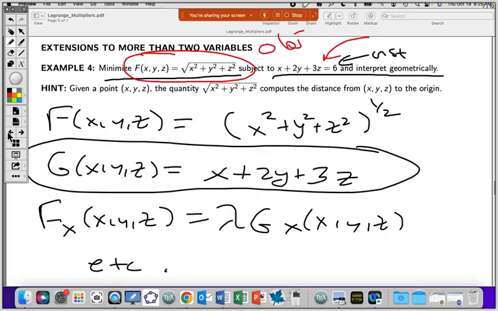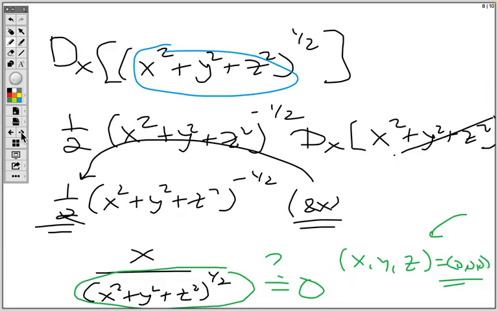So we go back and we look at our constraint. If x, y, and z are all 0, is that going to satisfy our constraint equation? No. So we're cool. But anytime a denominator shows up, we should ask that question. So there's no worries here, not on the constraint. So we're good.